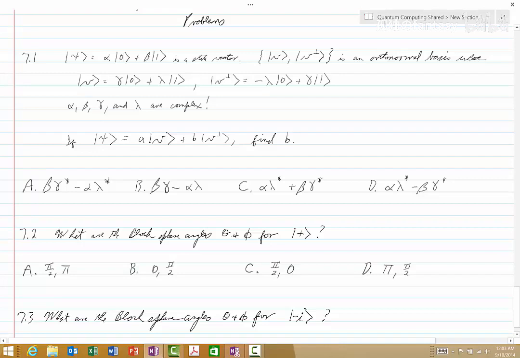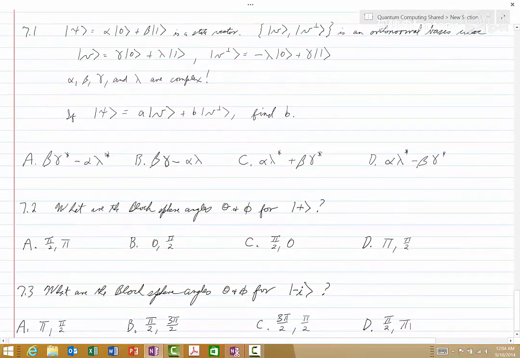And here you're told that alpha, beta, gamma, and lambda are all complex numbers. And so if we express the state vector psi in terms of v and v orthogonal as a times v plus b times v orthogonal, find b. And you need to determine which one of these four expressions is the correct expression for b.